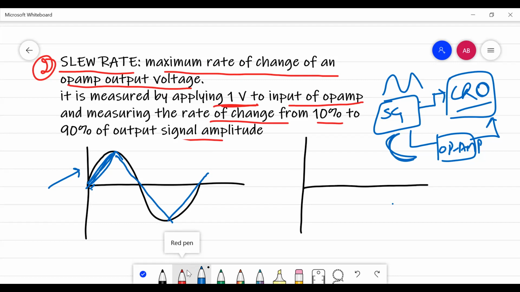Similarly, when you apply a step input signal, square waves, let me mark out some lines parallel to here.